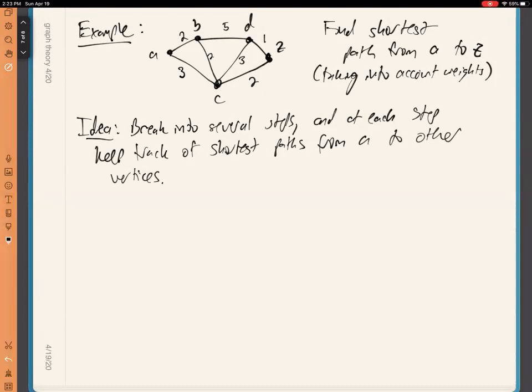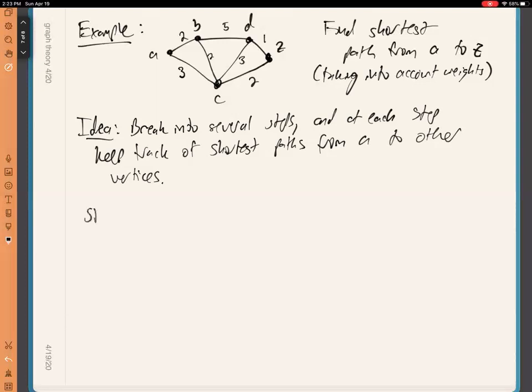And so in our algorithm, we have to build in smaller subversions of this problem, which include not just the shortest path from A to Z, but also the shortest path from A to D and from A to C. And so this is another example of this dynamic programming principle, which drives this algorithm.